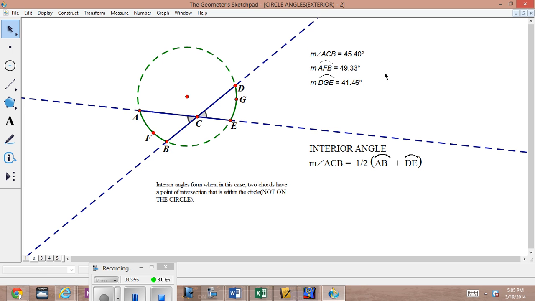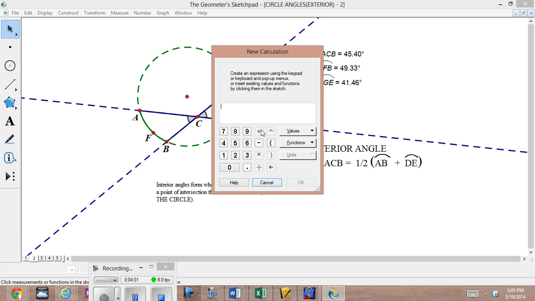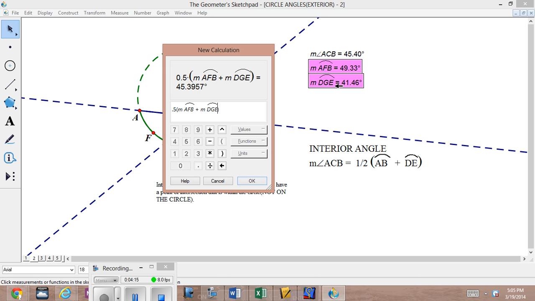Let's verify that. We go to number, and we're going to calculate: take 0.5 of the sum of this arc plus the other arc. See what it equals?